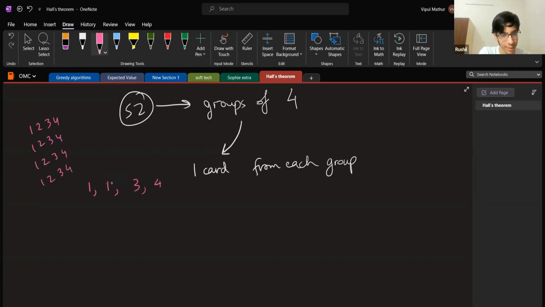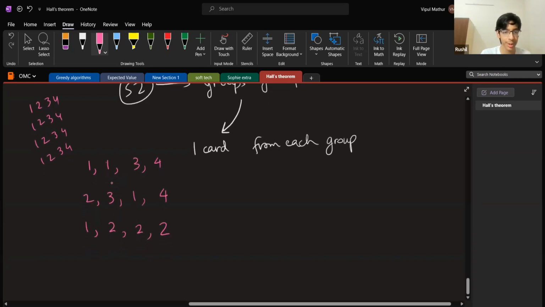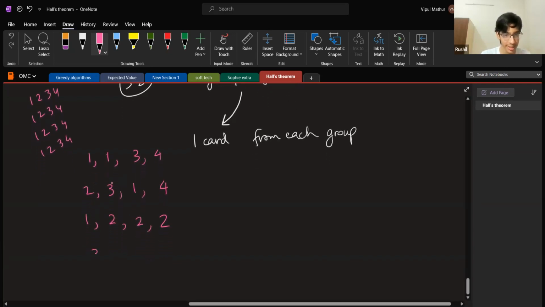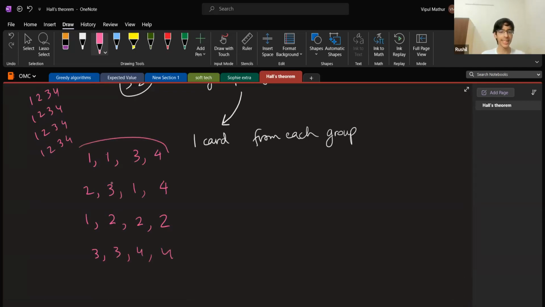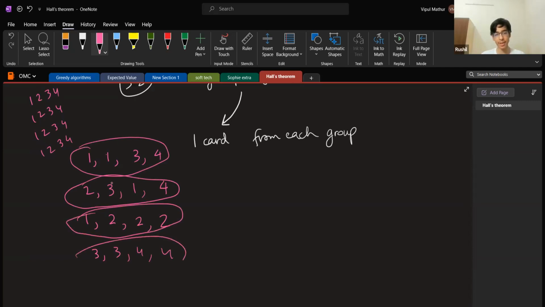So like 1, 1, 3, 4; 2, 3, 1, 4; 1, 2, 2, 2; and then twos are done, ones are done, 3, 3, 4, 4. You've been given these four sets, and you want to pick one from each so that you end up with 1, 2, 3, and 4.